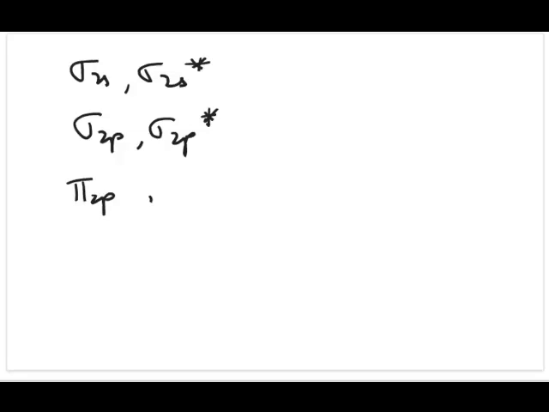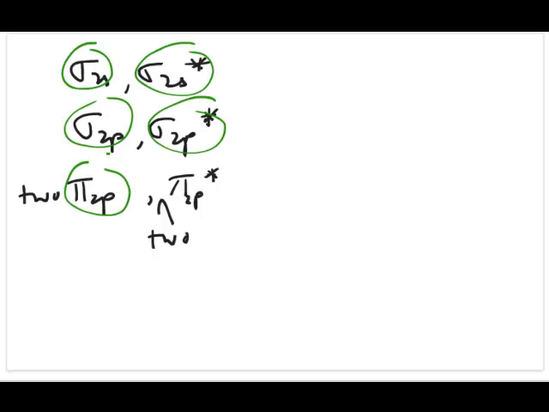You get sigma 2s star, that's from the 2s orbital, and then you get sigma 2p star, and then you get pi 2p and pi 2p star, and there's two of each of these guys. Okay, so in total you're going to have 1, 2, 3, 4, 5, 6, 7, 8 total molecular orbitals.